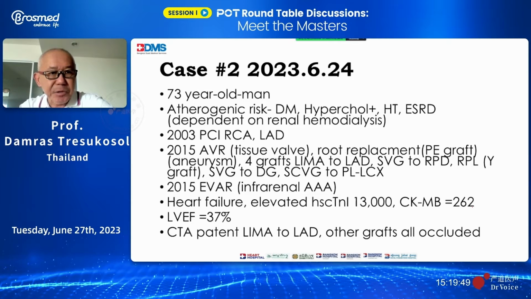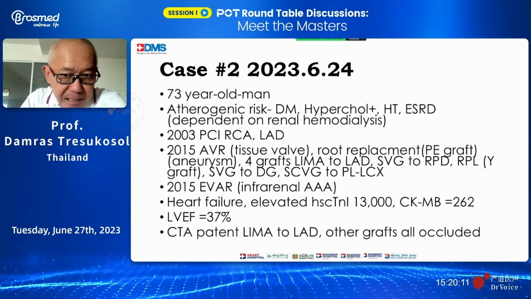And case number 2: a 70-year-old man with diabetes, hypercholesterolemia, hypertension, and renal disease dependent on dialysis. In 2003, he had PCI on RCA and LAD. And in 2015, valve replacement by tissue valve and root replacement because of an aneurysm of the ascending aorta.